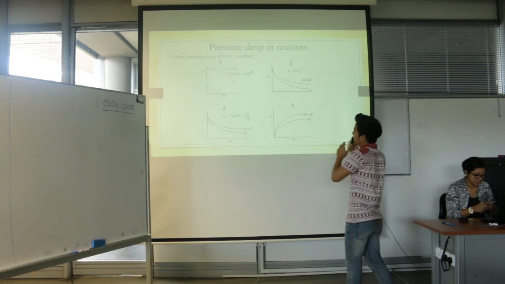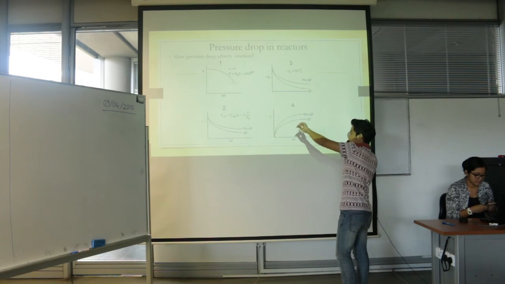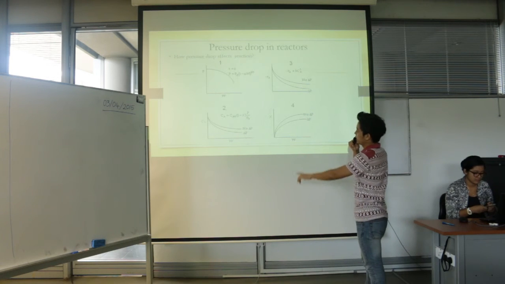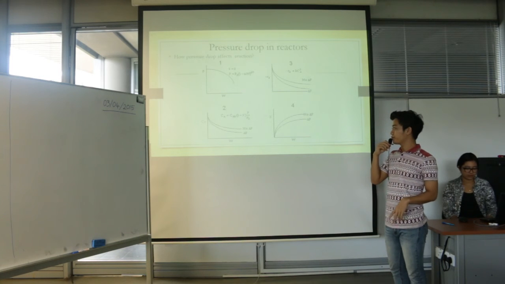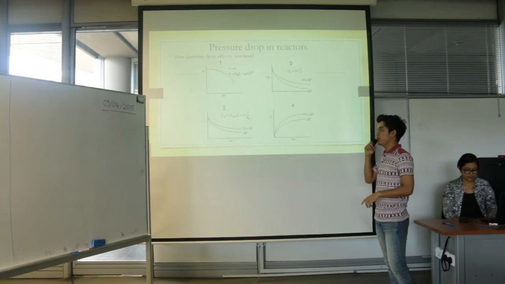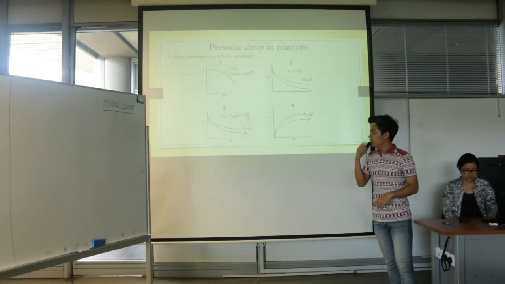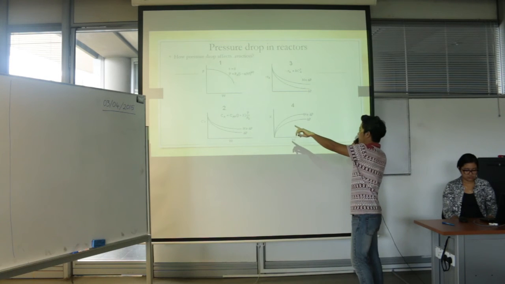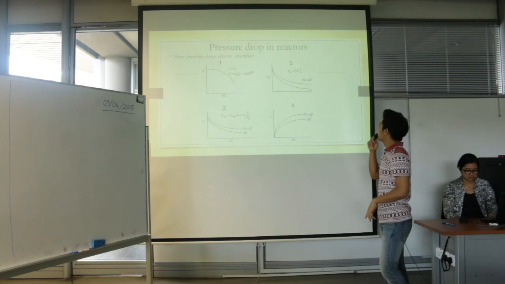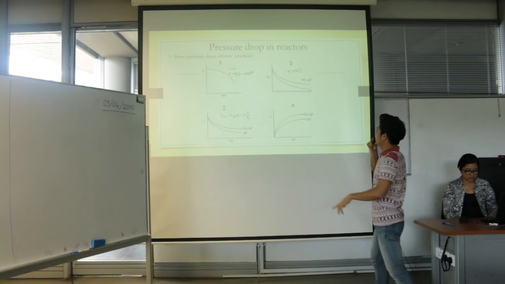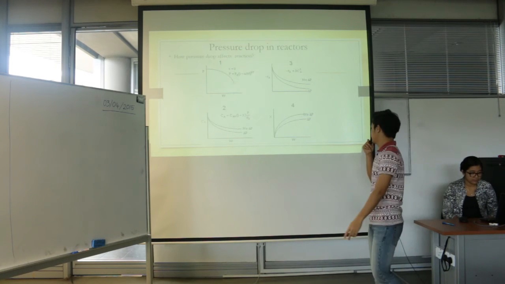So the graph will slightly decrease, and then for the second graph we calculate the concentration CA equal to CA0 multiplied by P over P0, then the graph will slightly decrease, and then the third one is also the same. But the fourth one, the graph will increase because there is no pressure drop. Yes. Alright, next.